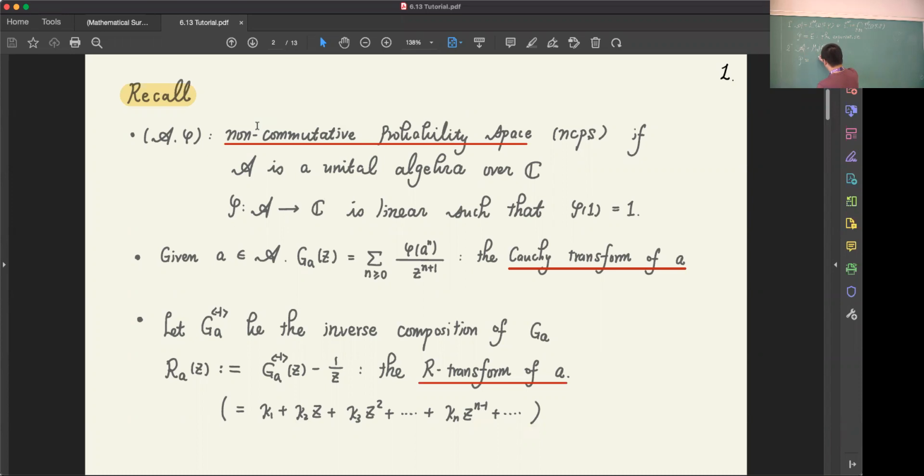But if we do the trace and plug in the identity matrix, this gives you n. It's not 1 anymore, so we just normalize it. Okay, so those are two simple models for the non-commutative probability space.